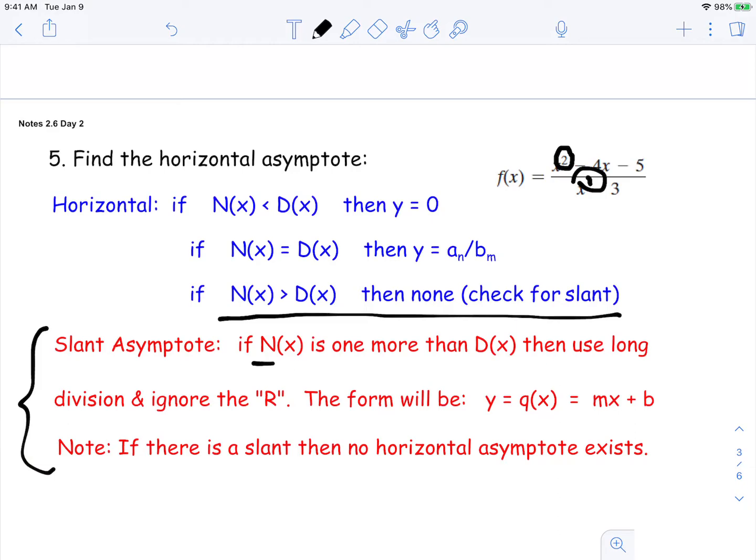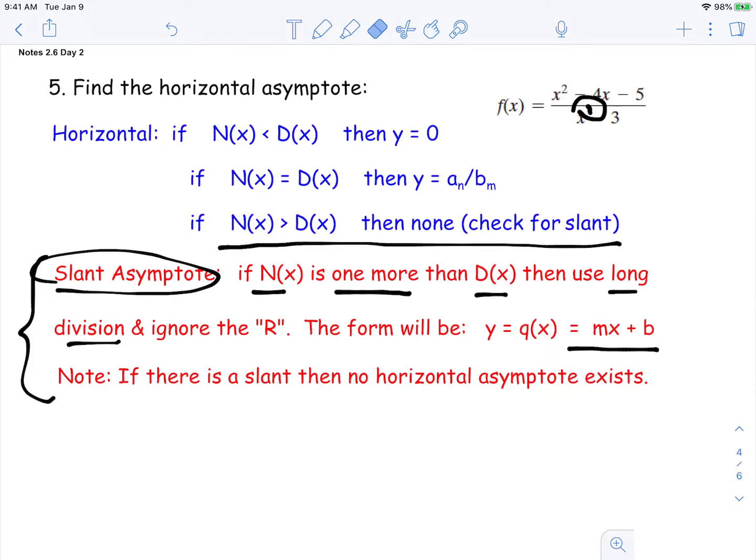If your degree in the numerator is exactly 1 more than the denominator, then we use long division, ignore the remainder, and your equation will be in y equals mx plus b. If there is a slant asymptote, then there's no horizontal, so we have a slant. So we're going to use long division.